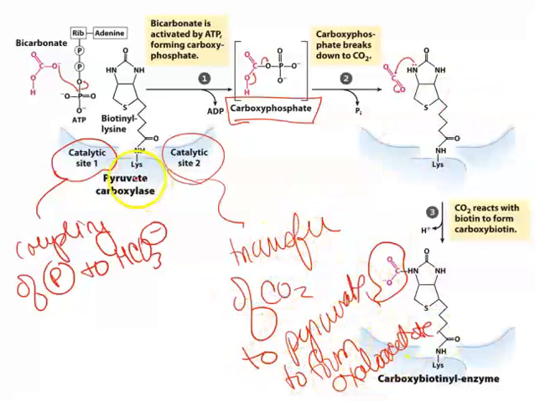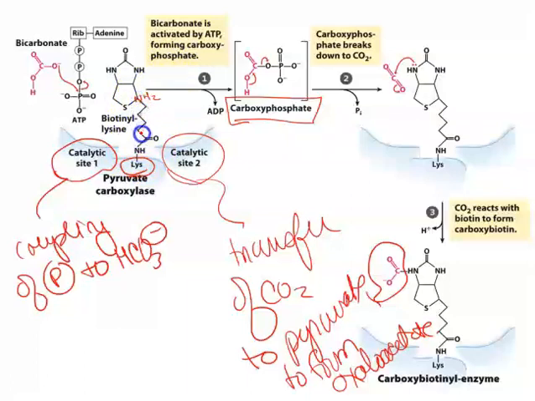This is a nice diagram too because you can see the linkage here of the biotin cofactor to lysine. And lysine has this chain of CH2 units. Normally we would have an amino group here, so alpha, beta, gamma, delta, epsilon, amino. There's an epsilon amino side chain.